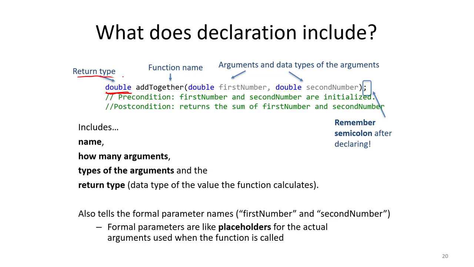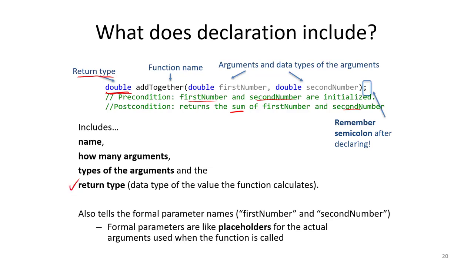So in this case, the add together function is going to take my first number and second number, which are in the argument, calculate the sum, and return the sum of first number and second number as a double type variable or a double type value. So return type is very important. We want to make sure we know what type of data that function is going to give us after it has run.